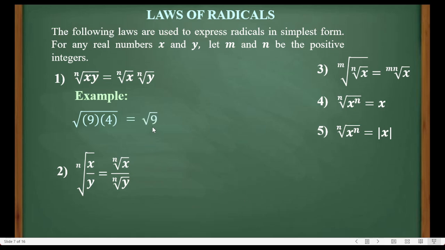It's equal to the square root of 9 times the square root of 4. And each factor has a perfect square radicand, so we could easily evaluate each of these factors. And this will become 3 for square root of 9 multiplied by 2, which is the square root of 4. And the product is 6, which is our answer.